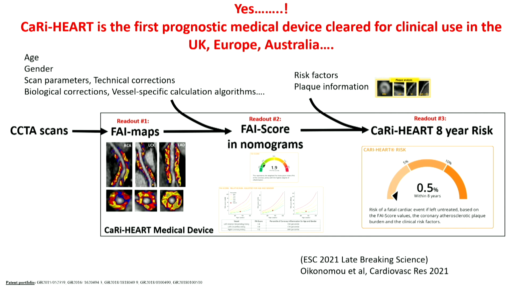Then the same device has a third readout, which is called Cardiovascular risk score, and essentially provides you the absolute risk of the patient for a fatal cardiac event over the next 8 years, taking into account the fat attenuation index, the risk factors, and the information about the plaque.